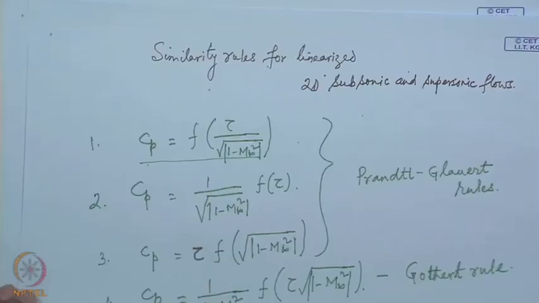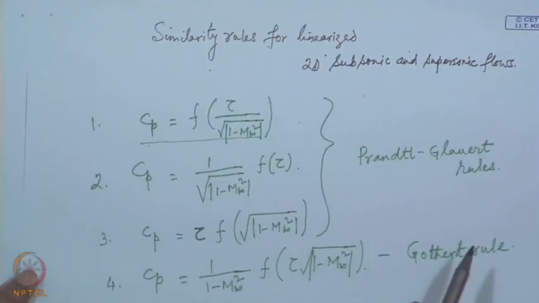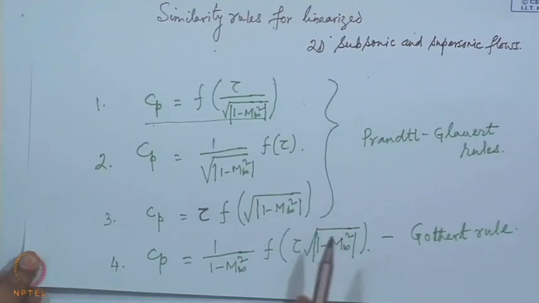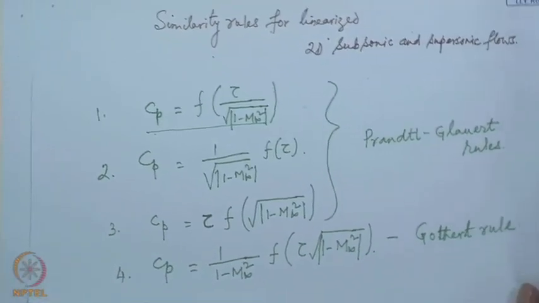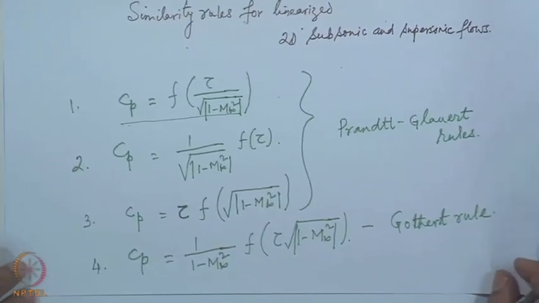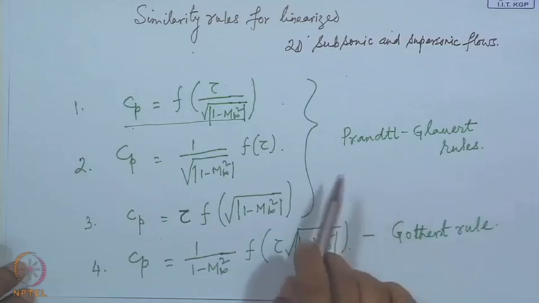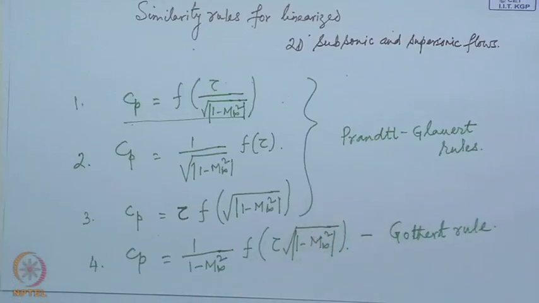Consequently the accuracy of the similarity rules, either the Prandtl-Glauert rules or Gothert rules, also diminishes as we approach one of these ranges. So, to get a reliable result, these rules must be applied only for those Mach numbers which are strictly in the subsonic or supersonic range.